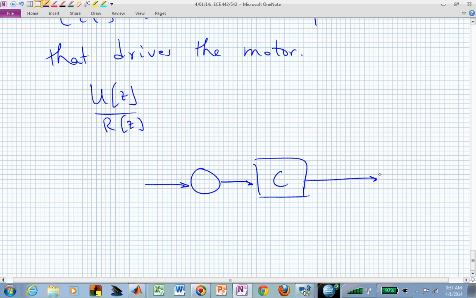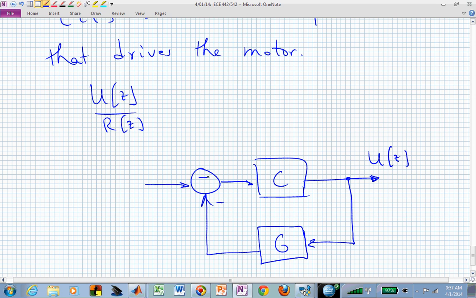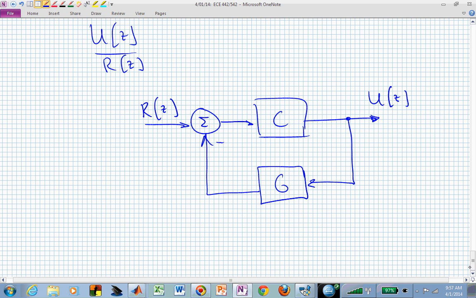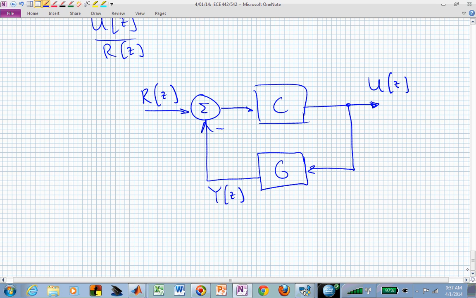We haven't changed the interconnection structure whatsoever. We just re-warped the figure so that we can say the transfer function between the reference input R and the input U, this is just our Y right there, but we're interested now between R and U. We can find that.